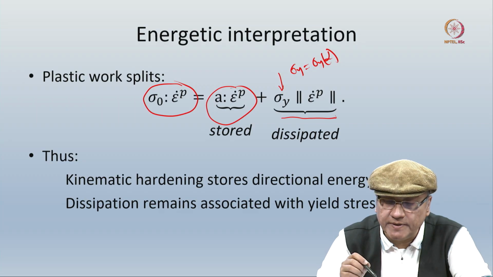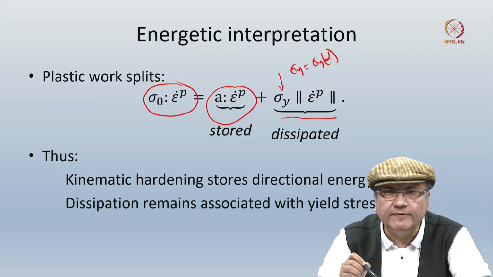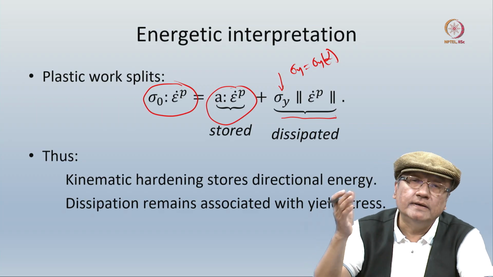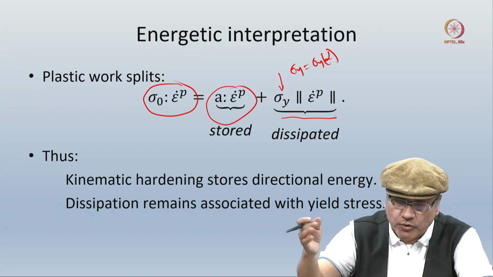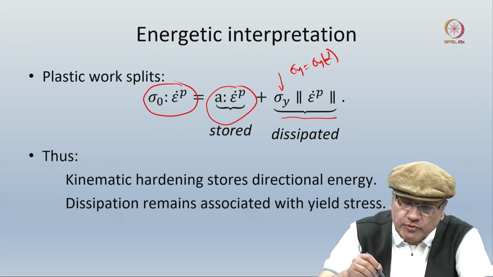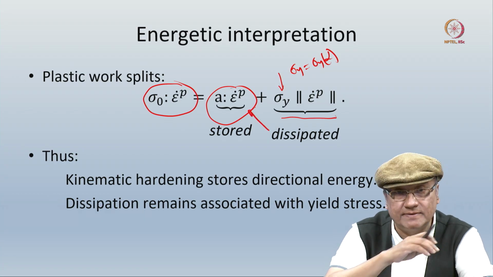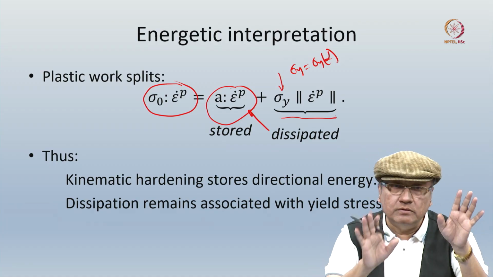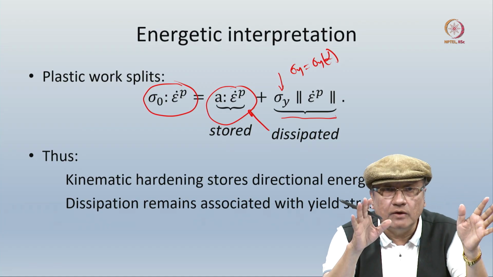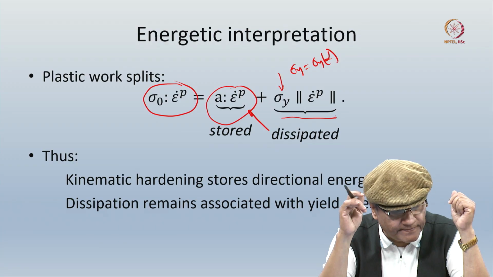If there is isotropic hardening, then there is this alpha part and the corresponding thermodynamic force that will produce another storage part for energy, which will go inside into this and get added, okay. So that is the whole business here. This is how the energy landscape behaves.